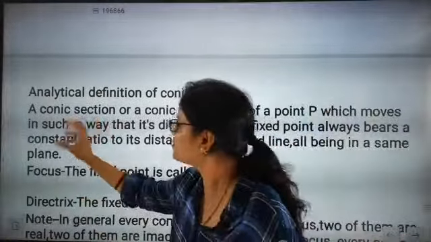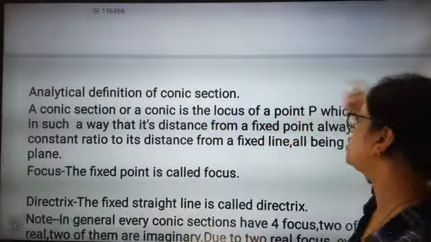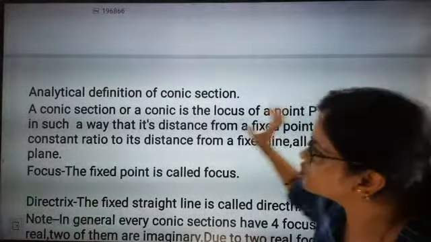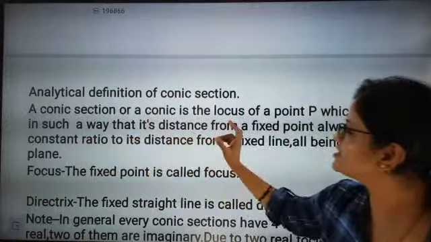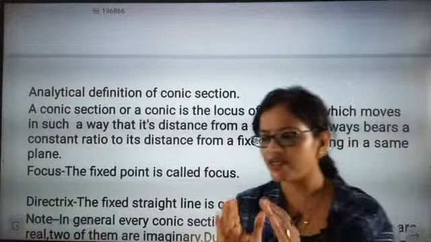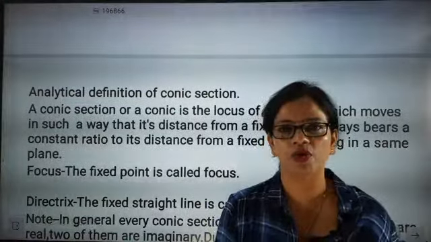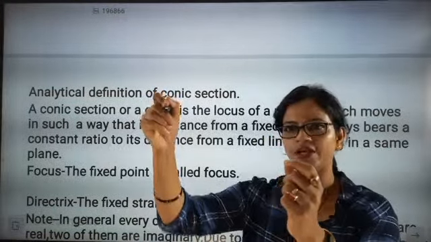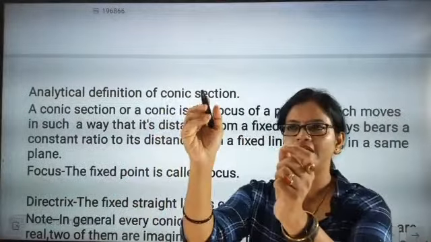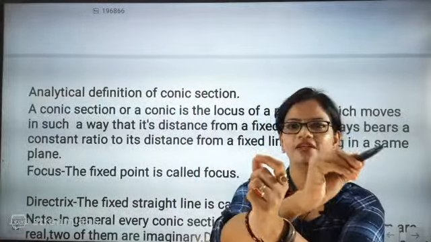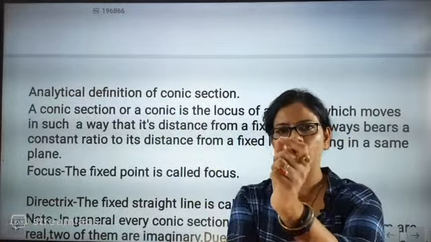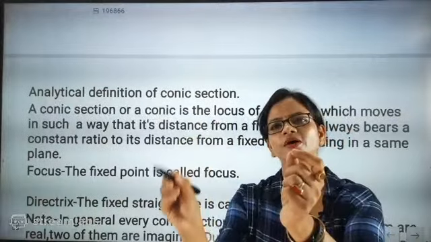Now look here, that means a conic section or a conic is the locus of a point P which moves in such a way that its distance from a fixed point. What is the fixed point we are talking about? A point P will be there. If we take different types of figures, now I am just drawing with my hand like this. Is it exactly going to make a parabola?